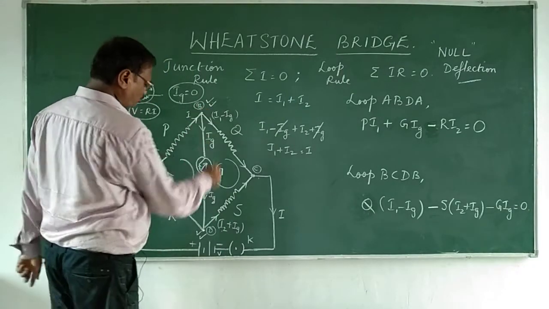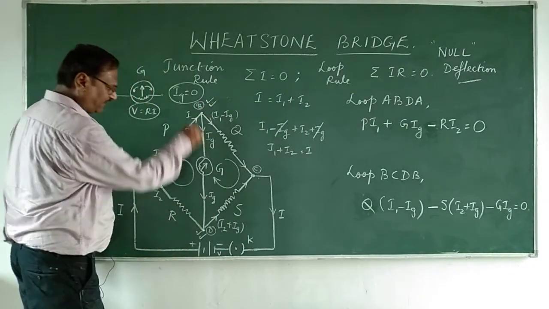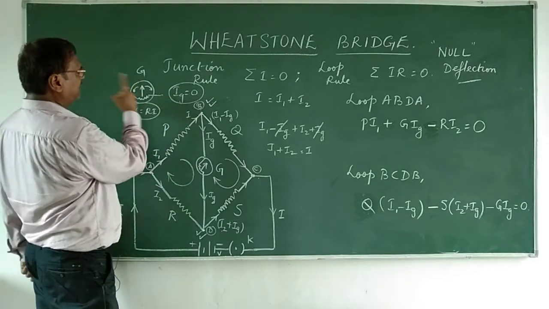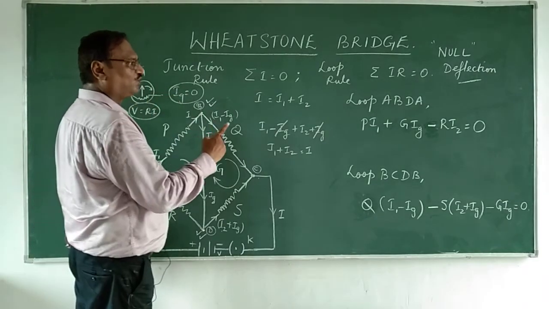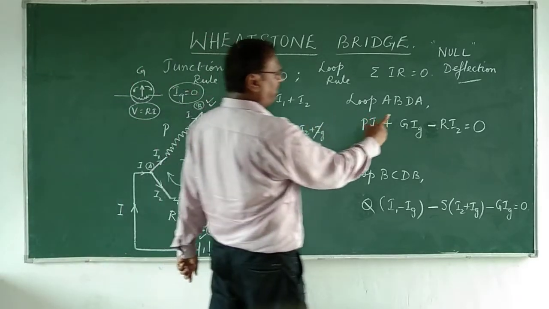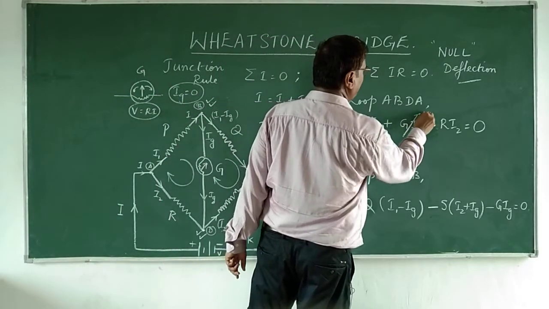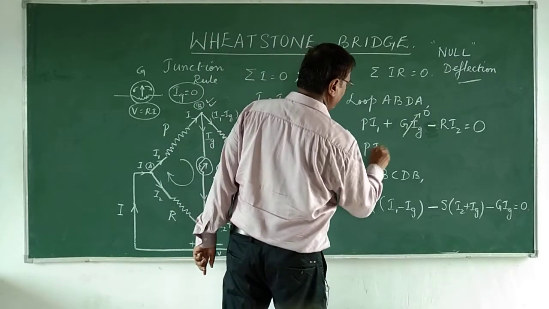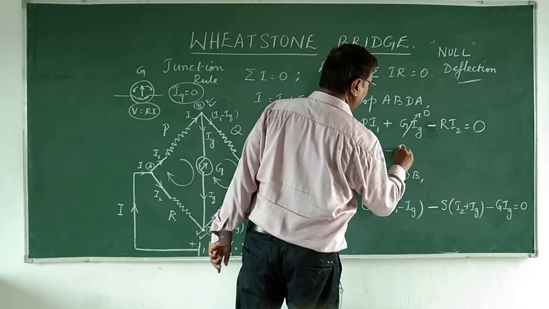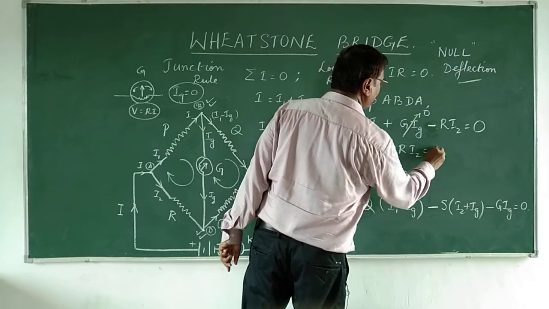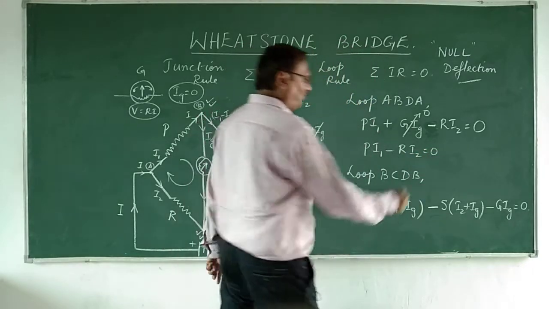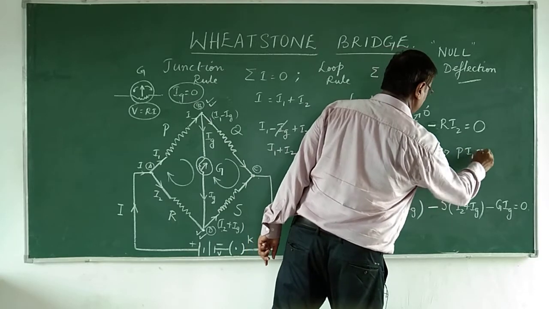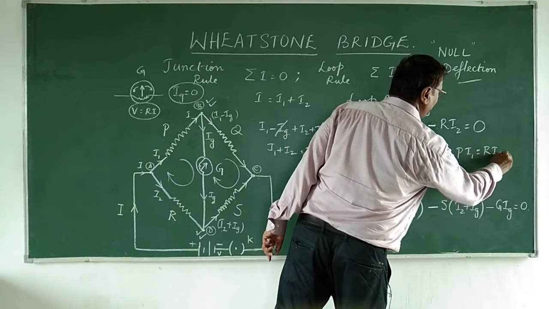No deflection or null deflection. So we made these two same potential. No current is passing through the galvanometer. It is not showing any deflection. It is here like this. So we will make here in the equation Ig to be 0. If I put Ig is 0, I will get an equation Pi1 minus Ri2 is equal to 0. What does this imply? This implies Pi1 is equal to Ri2.